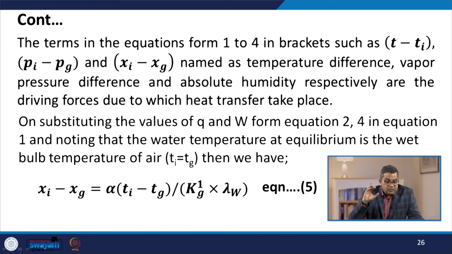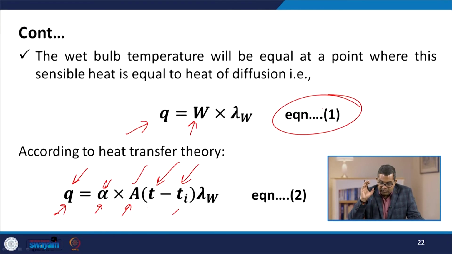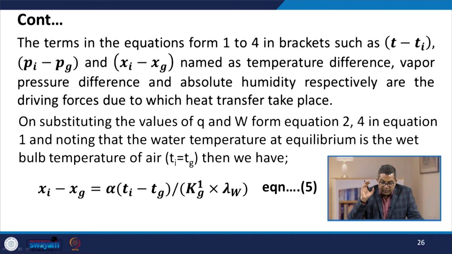Now, the terms in all these equations, from equation number 1 to 4, that is (T minus Ti), (Pi minus Pg) and (Xi minus Xg), are named the temperature difference, vapor pressure difference, and absolute humidity difference respectively, and they are the driving forces due to which heat transfer takes place.